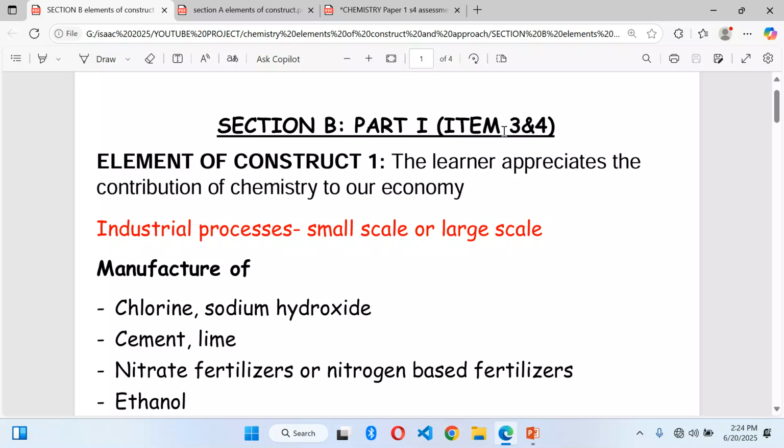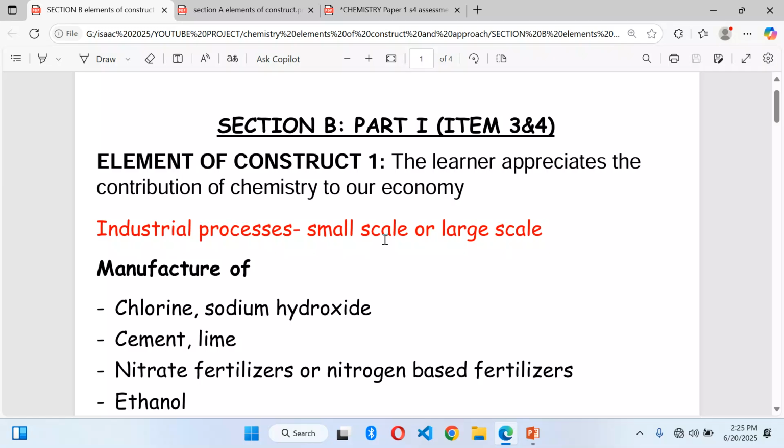It has item 3 and item 4, and the learner is expected to choose only one. So it is from this element of construct that the learner appreciates the contribution of chemistry to our economy. And majorly, it is about industrial processes, small scale or on large scale.